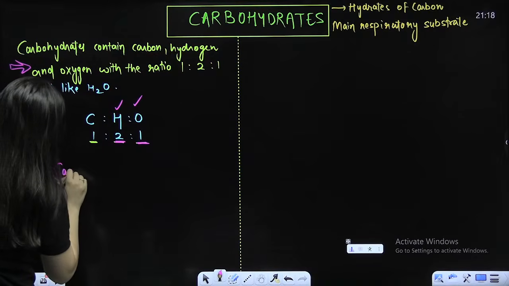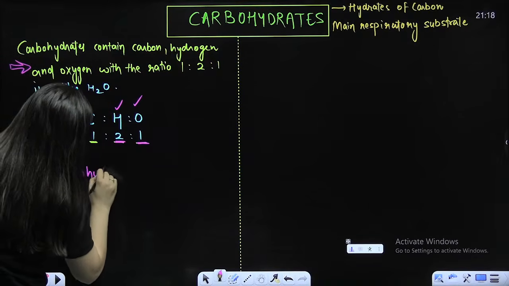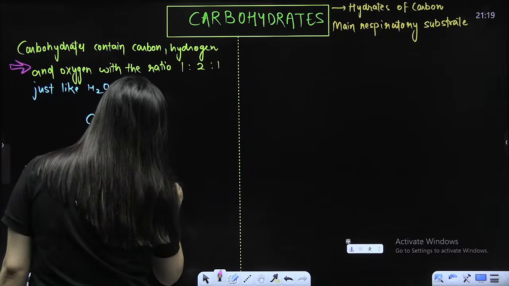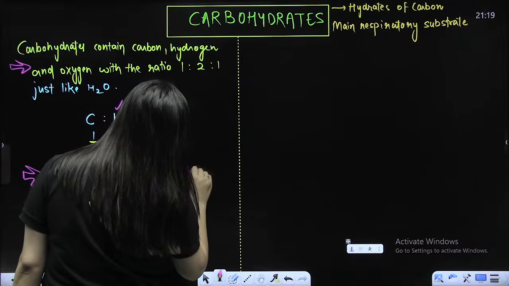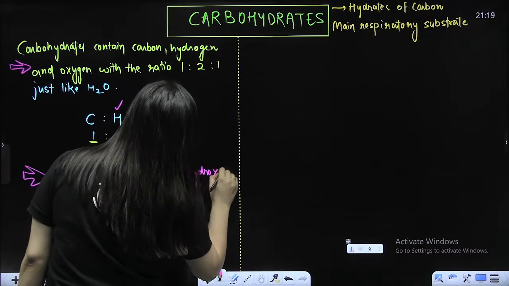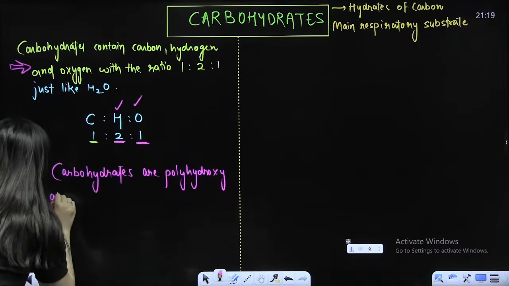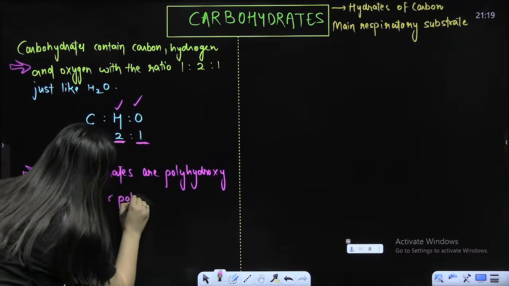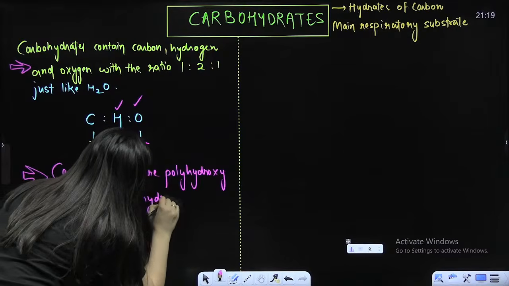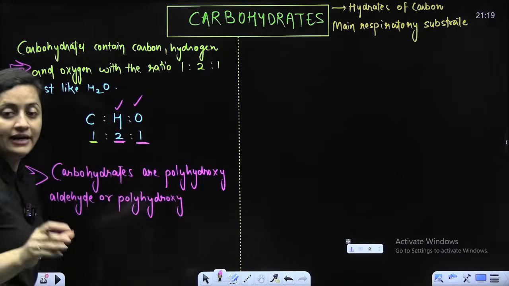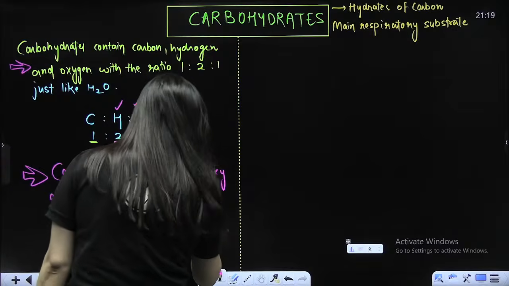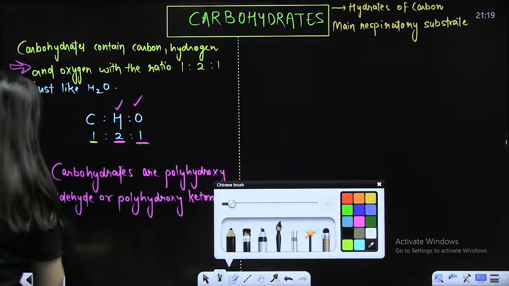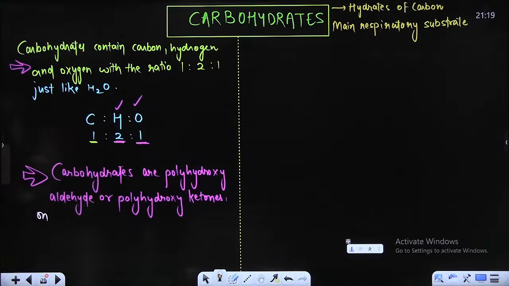Carbohydrates are polyhydroxy, poly means many, hydroxy that is OH, polyhydroxyaldehyde or polyhydroxy ketone. I'll give you the example. Or the compounds which on hydrolysis yield them.